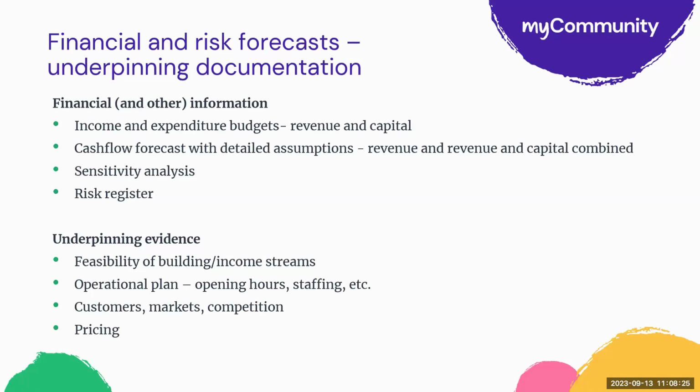Particularly where you're taking on a new building, you won't go from 0 income to 100% of what you're expecting quickly. You'll need to build up, and that revenue support can help you with that over the first year.